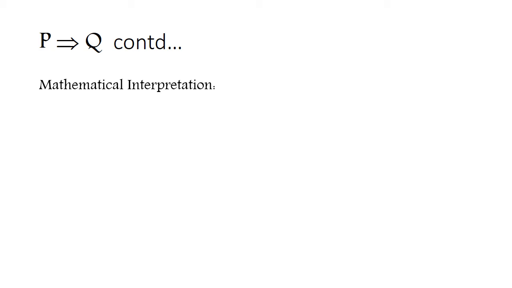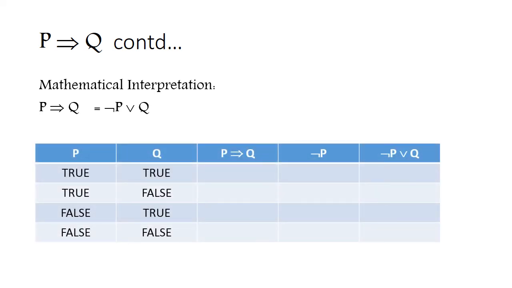Now let's go to the mathematical interpretation of P implies Q. This is the mathematical interpretation. Let's see the truth table. P implies Q: true true will be true, true false will be false, false true is true, and false false is also true. What is not P?